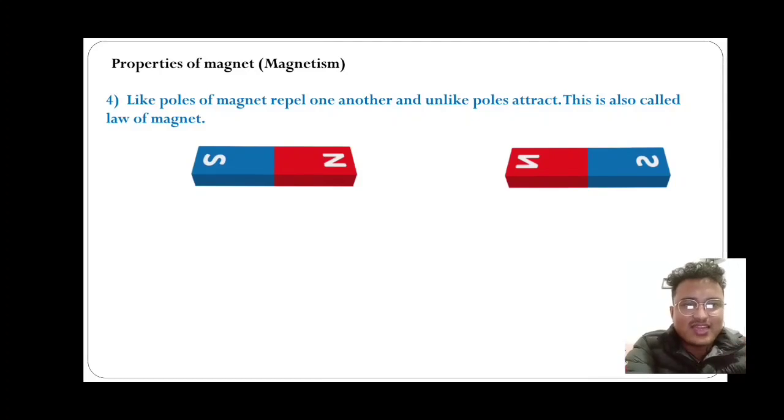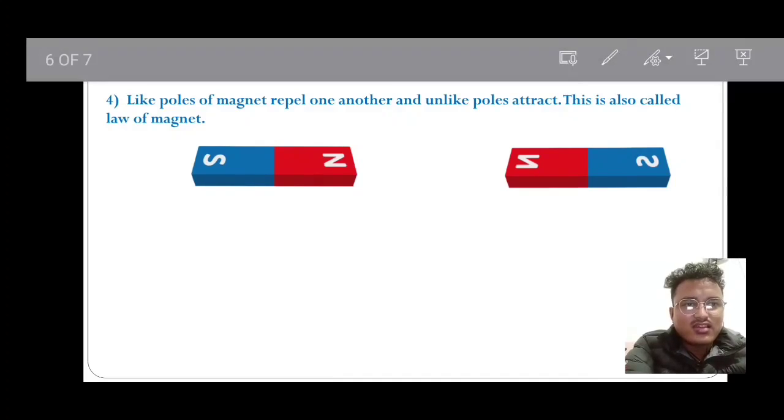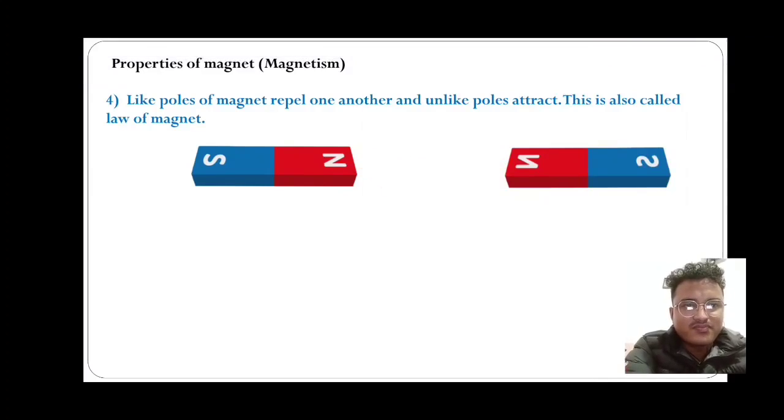You might have felt that while using two magnets together. There's a certain side where you keep the magnets together, but they don't attract and instead try to throw each other away. The reason is that like poles repel one another. If you experience that, it is because you are making both the same poles face each other, and this causes the repulsion.